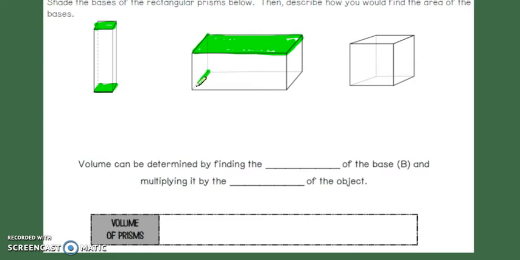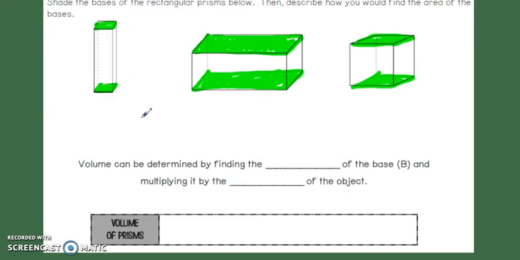And then the other base on that one. And then finally the last one. All of these are rectangles.